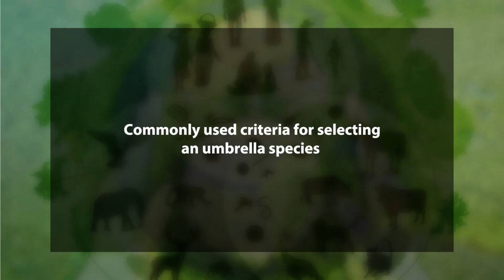The commonly used criterion for selecting an umbrella species is a wide-ranging species whose requirements include those of many other species, a species with large area requirements for which protection of the species offers protection to other species that share the same habitat.